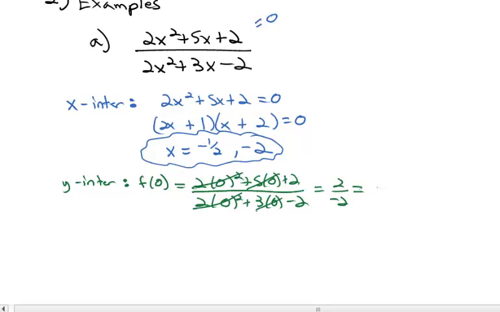The y-intercept is at y equals negative 1. Now that we found the x and y-intercepts, we can start looking for vertical asymptotes and holes. I'm going to abbreviate here.